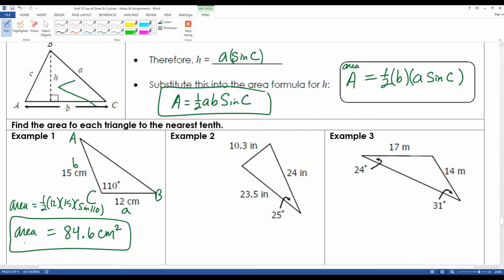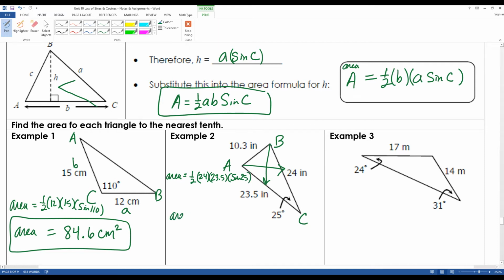All right, let's go with example 2. What do I have? 25 degrees, so maybe I'll just say that's C, and then label the other two A and B. So the area formula, area equals 1/2 side A, which is 24, side B, which is 23.5, times the sine of the angle 25 degrees.